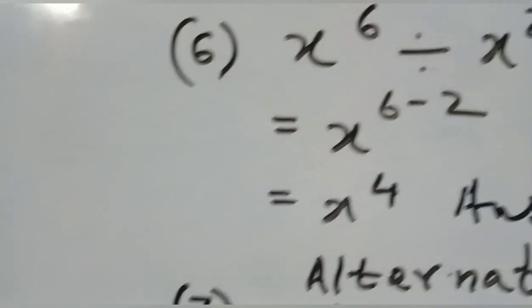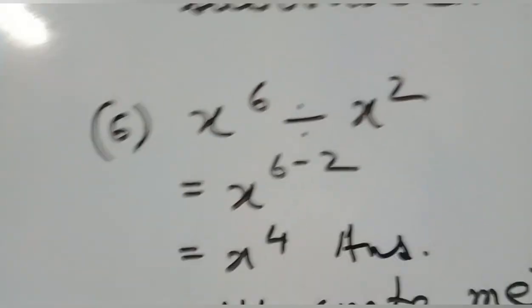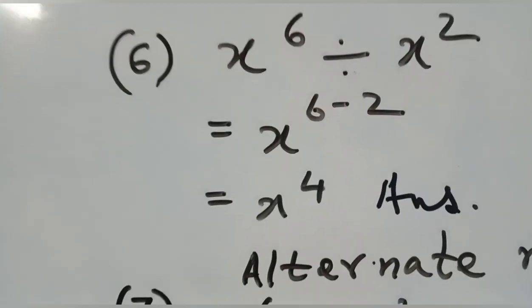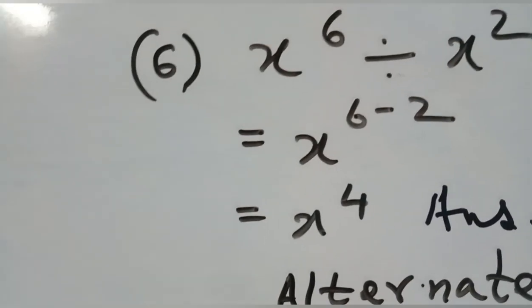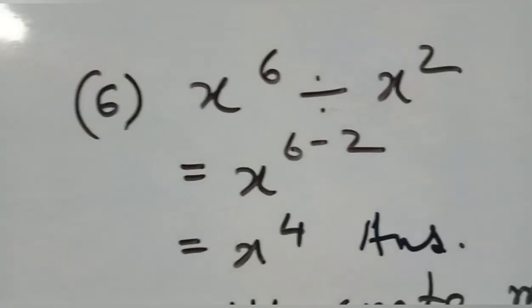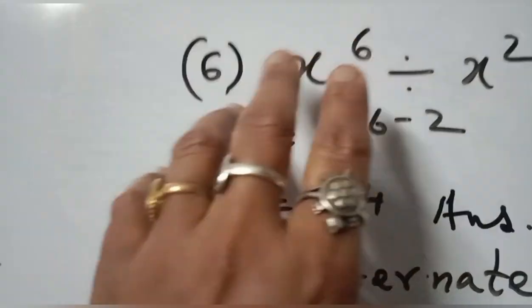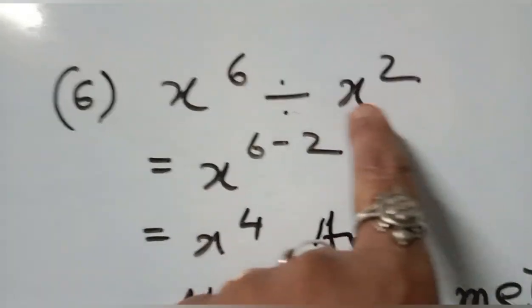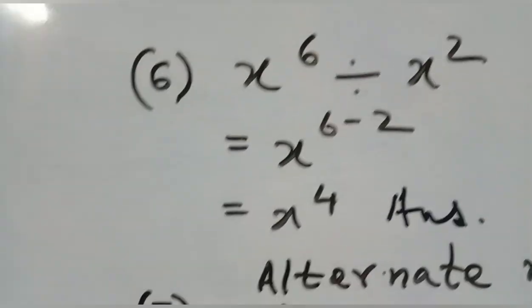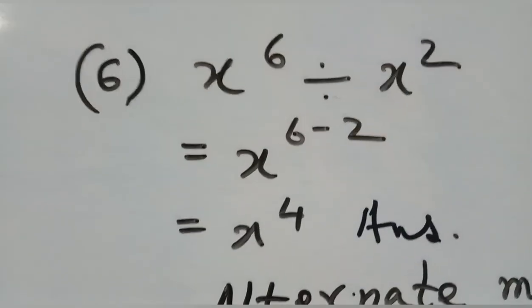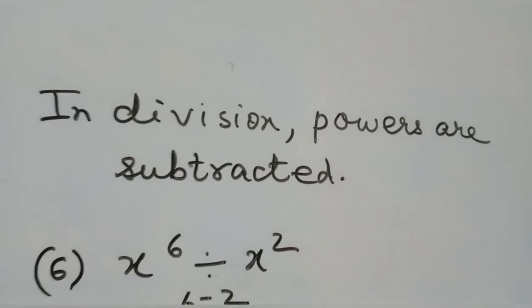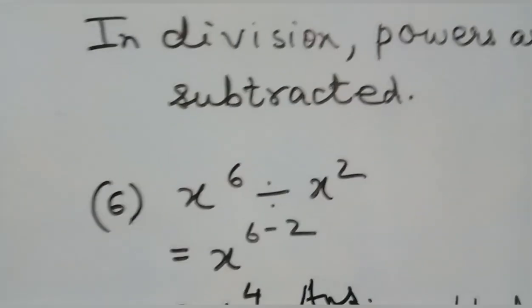In algebra, if the quantity is the same, then we can do addition, subtraction, division, anything, because they are of same type. I have got 6x rice. From there, I have to divide into 2x. That can be done. But in division, we know the general rule is in division, powers are subtracted.